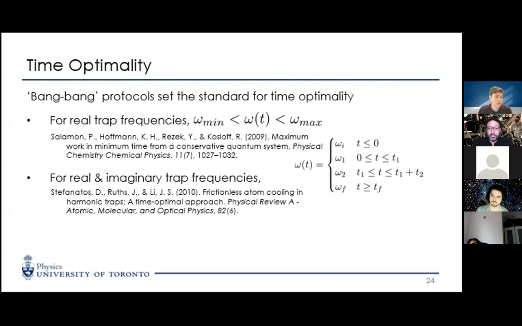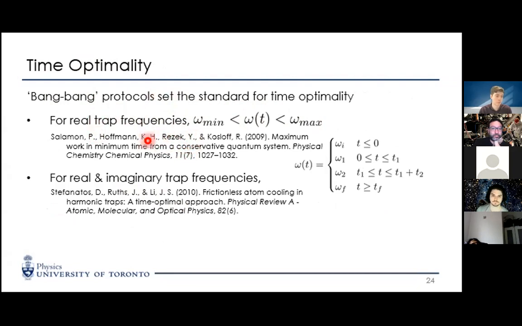How does all of this compare to time optimal protocols? Well, it turns out that a set of time optimal protocols has already been conceived, and they're referred to as bang-bang protocols, and they set the standard.